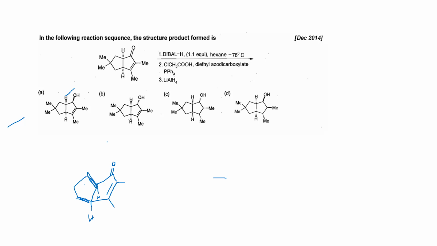So the attack from above the plane is sterically crowded, but the attack from below the plane is feasible because of the presence of this small hydrogen group.